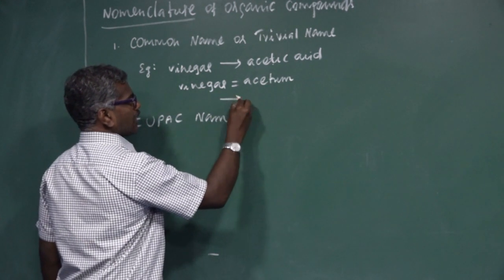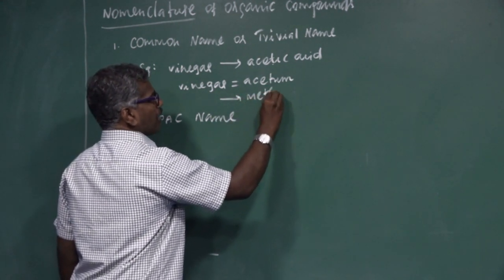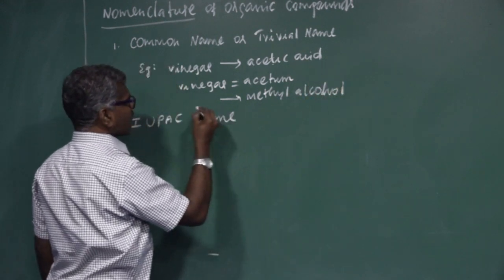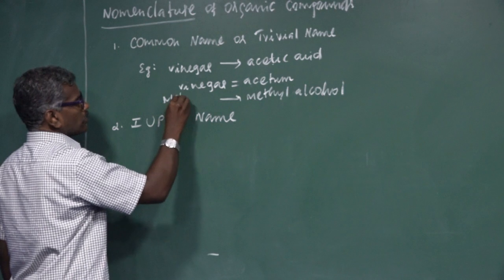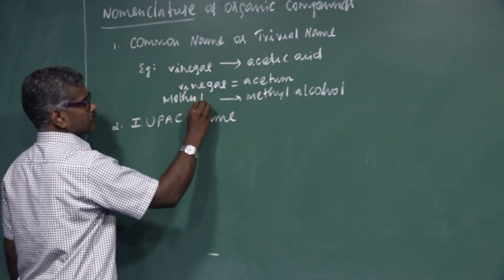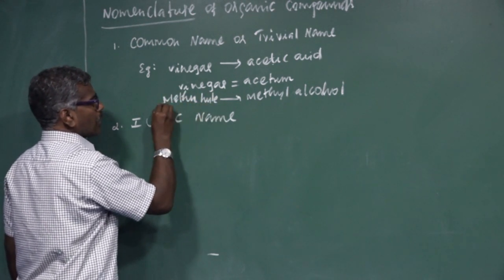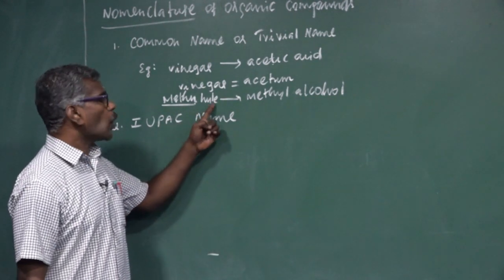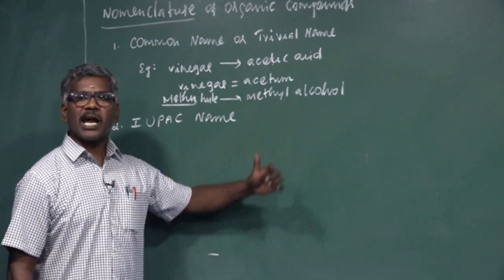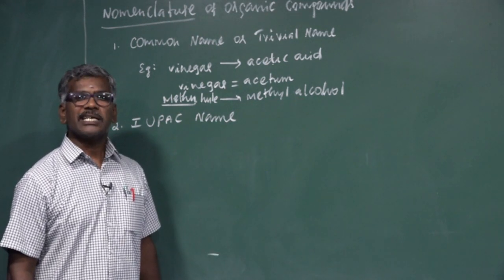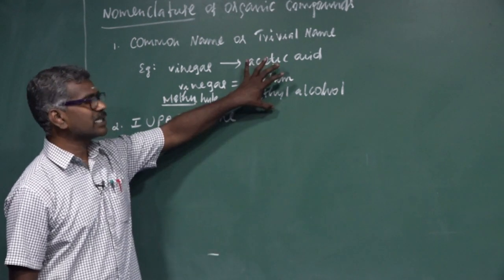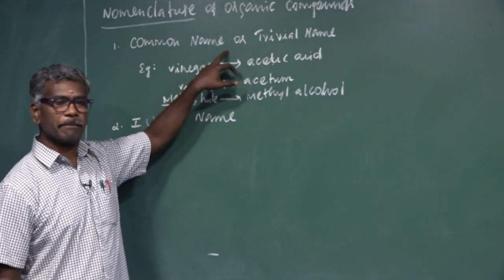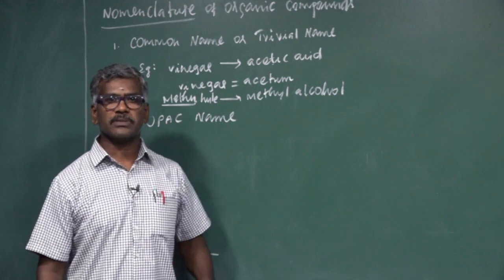Another one, methyl alcohol, can be derived from methyl. Methu means wine, and hyle means wood. Methyl alcohol can be obtained from the distillation of wood. These are the nomenclature for common names.